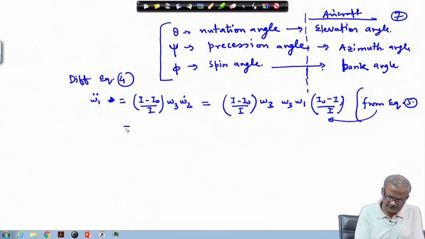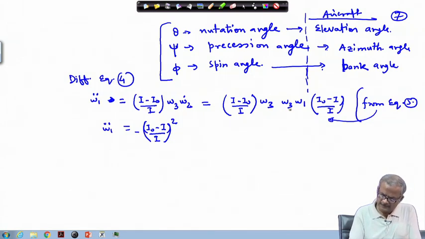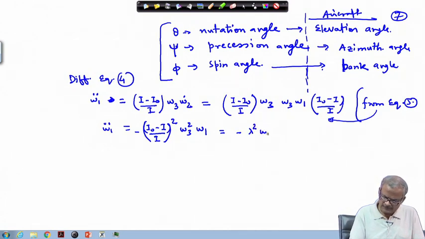So this gives me omega 1 double dot equal to minus ((I0 minus I) divided by I) whole square, times omega 3 square times omega 1. So we can write this as minus lambda square omega 1.